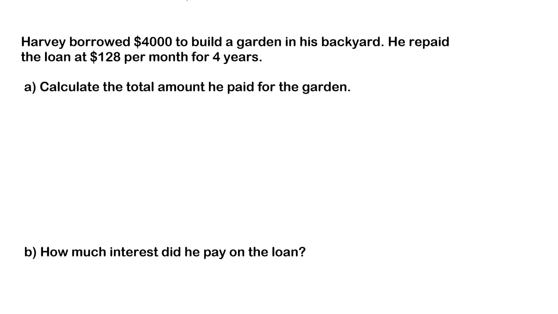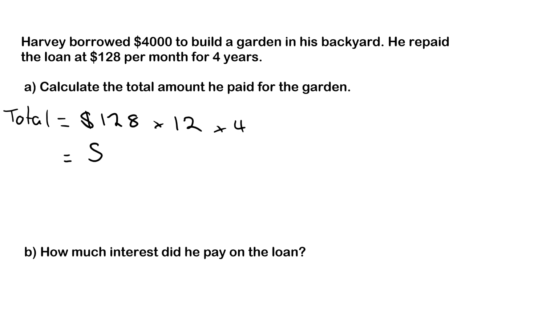Next question. Harvey borrowed $4,000 to build a garden in his backyard. He repaid the loan at $128 per month for 4 years. The first thing I want to do is calculate the total amount he paid for the garden. He pays $128 per month for 4 years, so 128 times 12 months a year times 4 years.